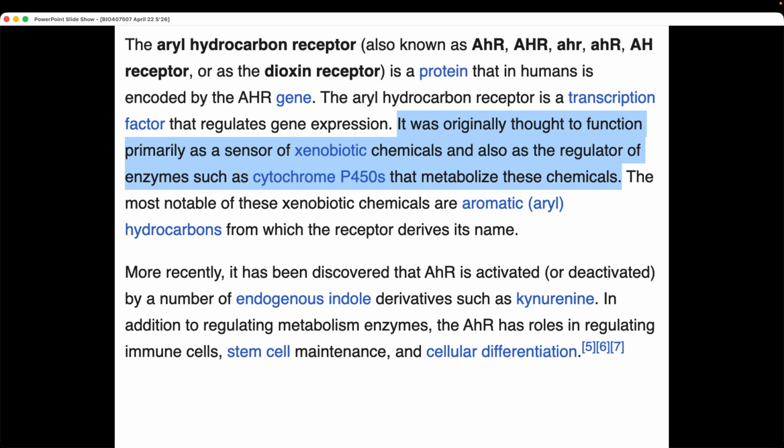And so the issue is that a variety of xenobiotic molecules like PCBs and dioxins can bind to it, but not allow it to function and try to detoxify them.